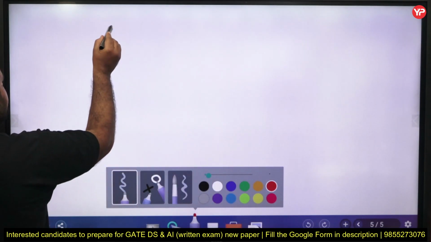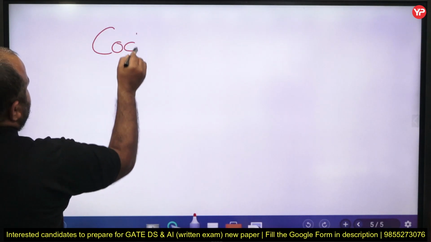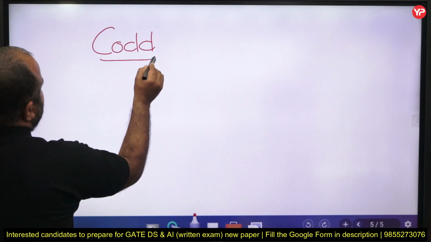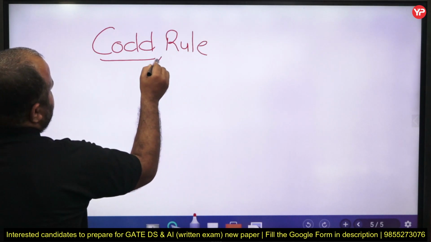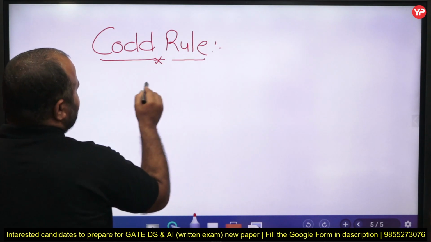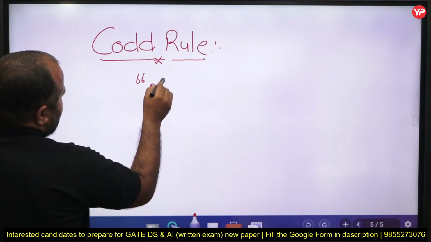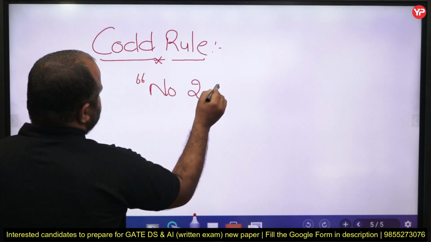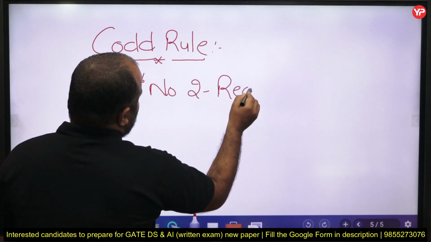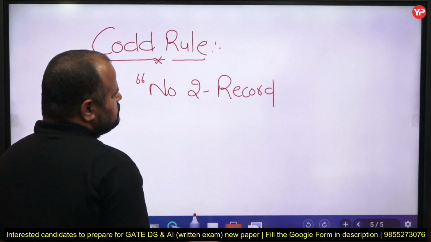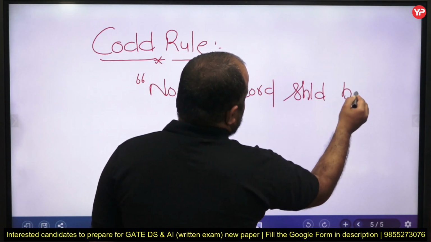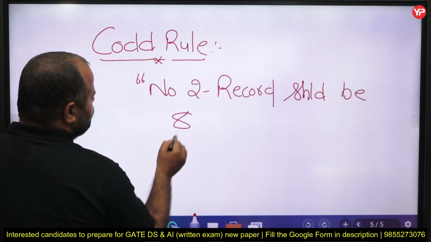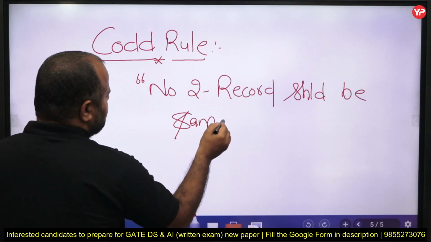One scientist, Codd, has a rule, and the rule is that no two records should be the same in a table.